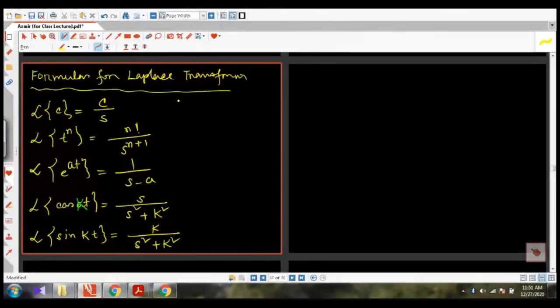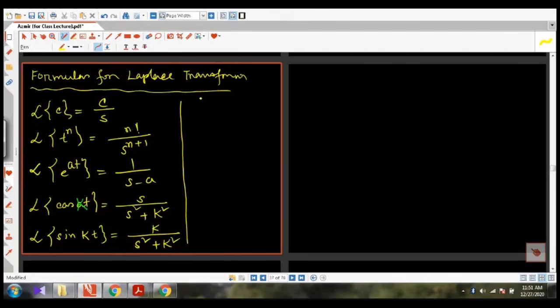At the same time, we learned yesterday the three properties of Laplace transformation. The first property is the linearity property. That means Laplace transformation allows us to separate the summation terms or subtraction terms, and also we can pull out the constant before the Laplace operator.